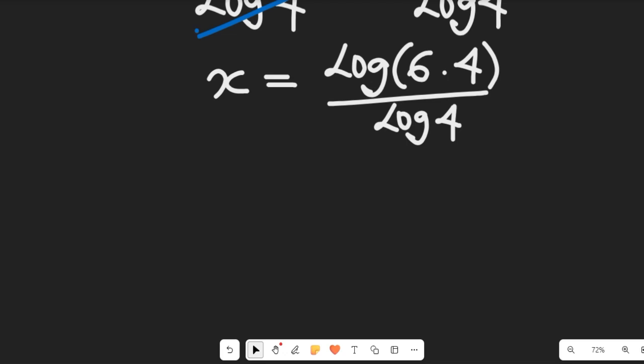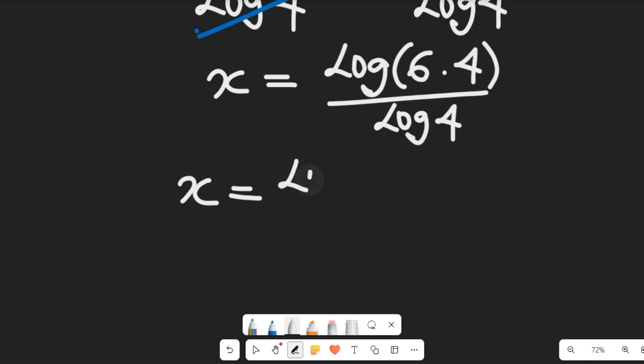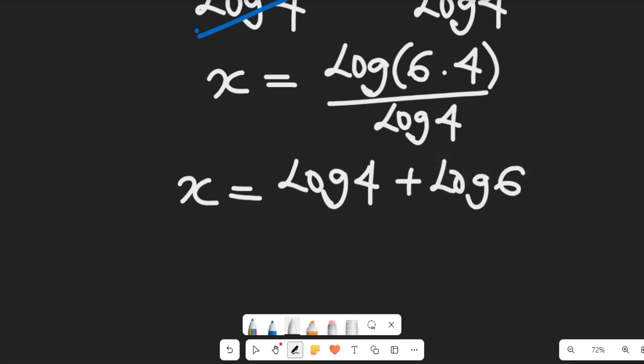Now in the next step, we have to simplify further. Remember the multiplication law of logarithm. In the multiplication law of logarithm, we can expand the numerator. Hence, this will give us x equal to the log of 4, right? Plus log of 6, and all of these can be divided by the log of 4.